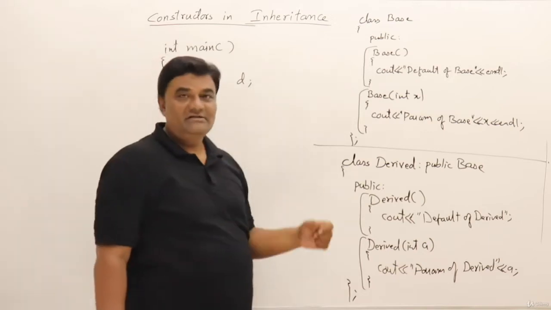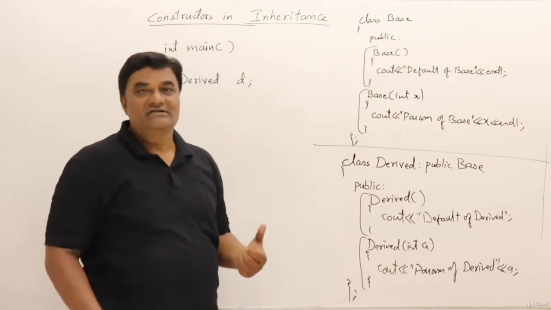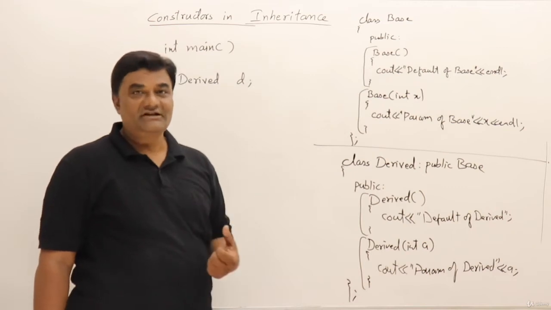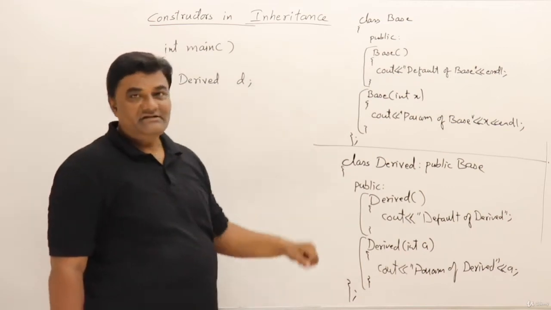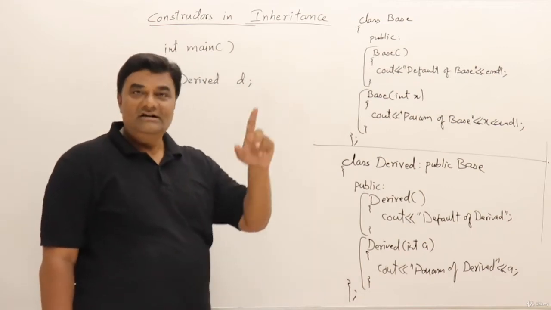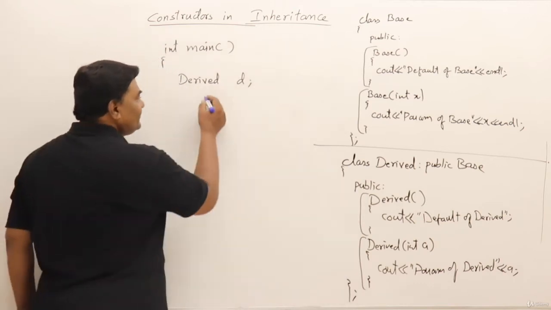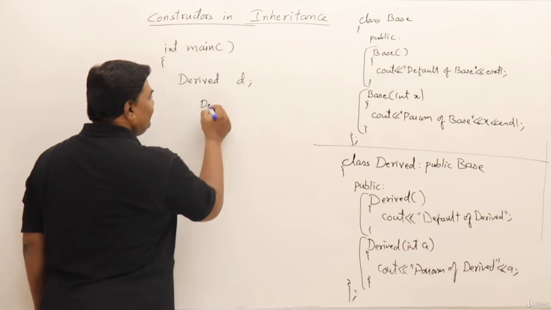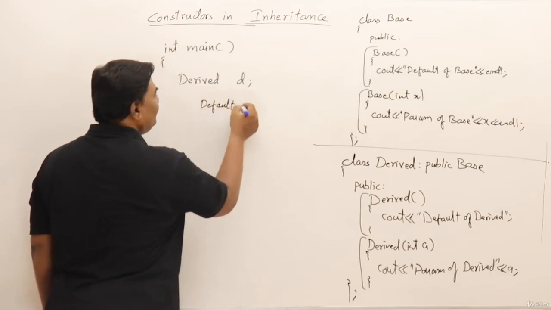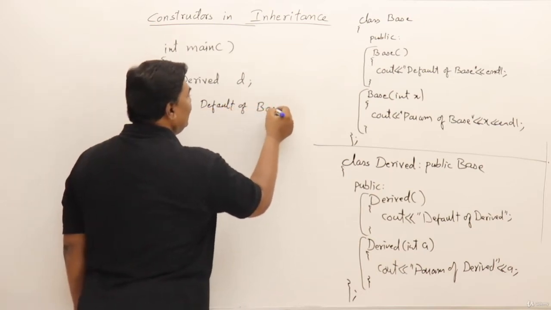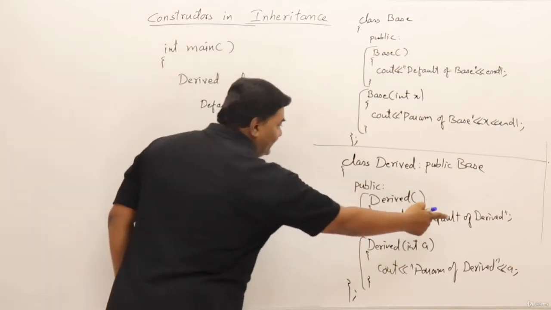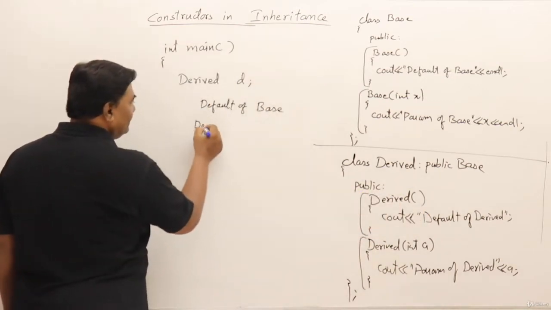The parent class constructor. But there are two constructors in the parent class. Which constructor will execute? The default constructor. So the default constructor of the parent class will be executed. Let us see what that is. First it will display default of base, and then it will display default of derived.